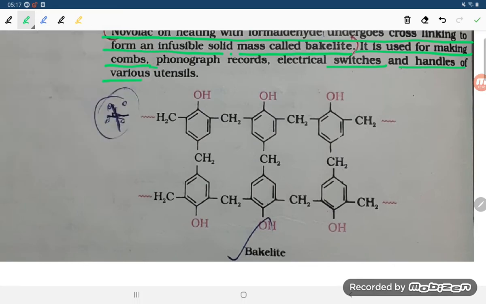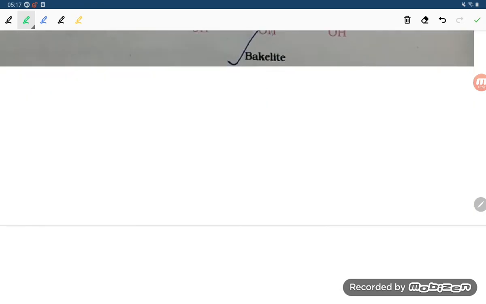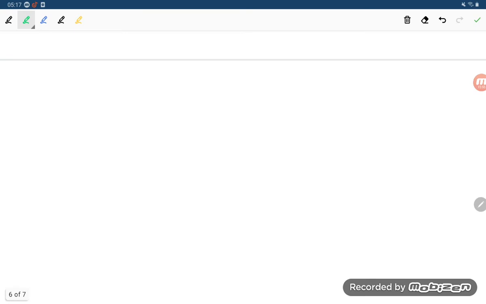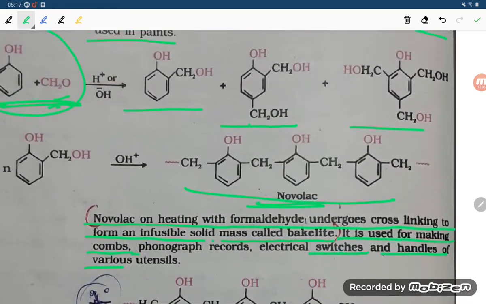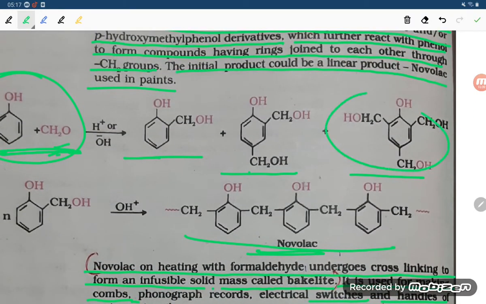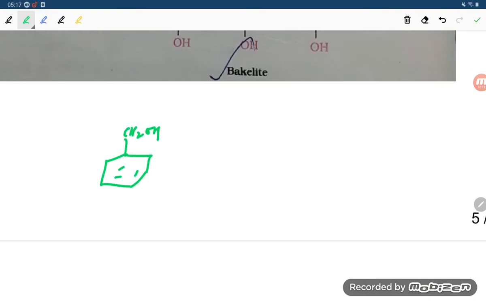So here, students, multiple positions are given where there is the bond. Let us have a look at it. How can it be formed? Suppose we have phenol, one molecule I am taking, and here is the CH2OH group. It is better to have this CH2OH group on the phenol. We can have the OH downside here. This is a CH2OH group, this is also a CH2OH group, and here is also a CH2OH group.